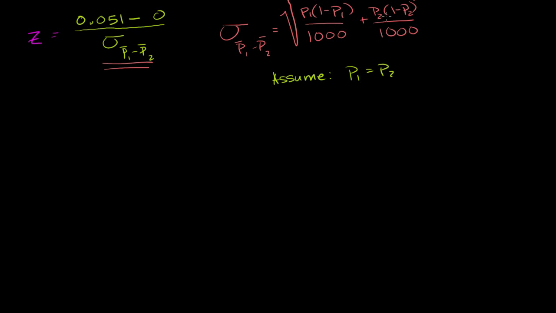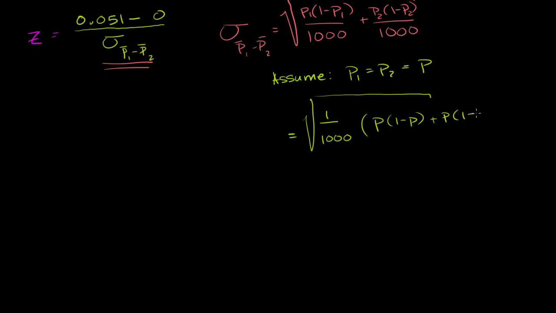So if P1 is equal to P2, we can represent them as just some true population proportion. So we could write this as the square root of, and we can just factor out a 1 over 1,000 times P times 1 minus P plus P times 1 minus P, because they're going to be the same value.